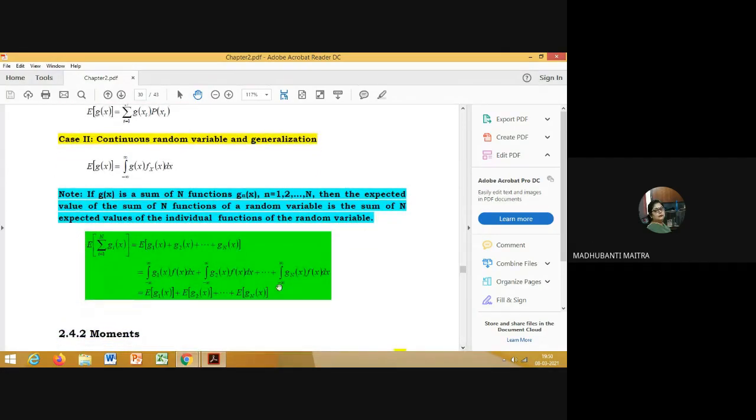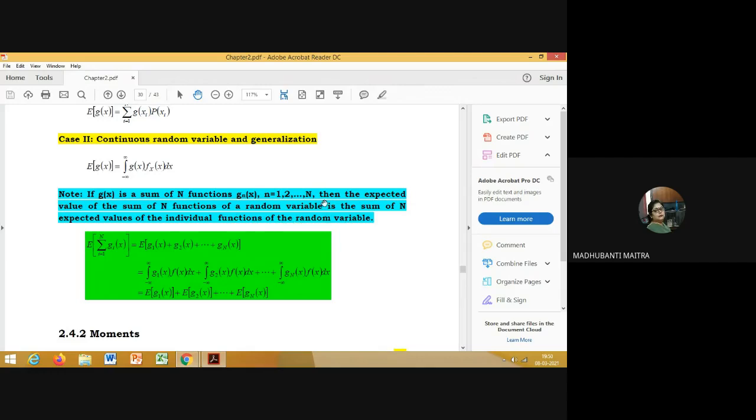Now, note that if g(x) is the sum of n number of functions, g1(x), g2(x), ..., gn(x), then the expected value of the sum of n functions of a random variable is the sum of n expected values of the individual functions of the random variable.